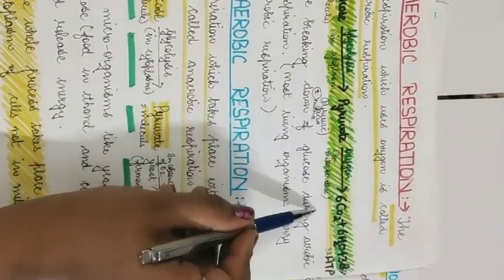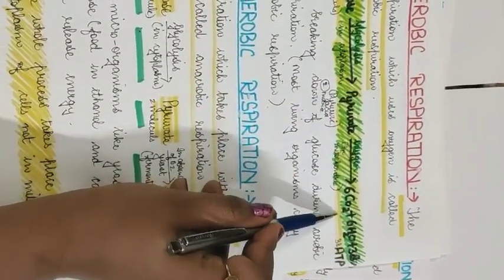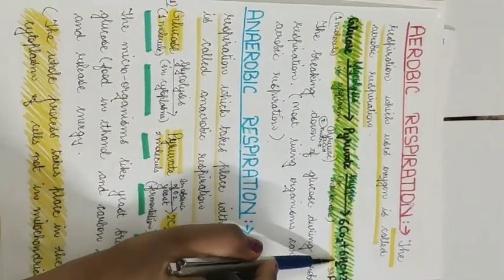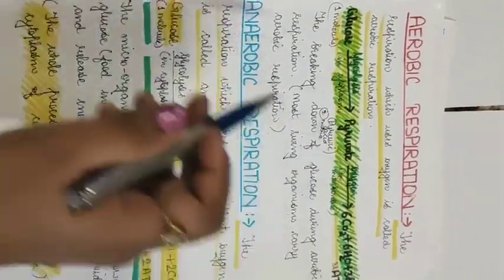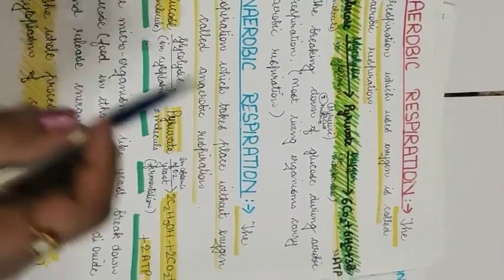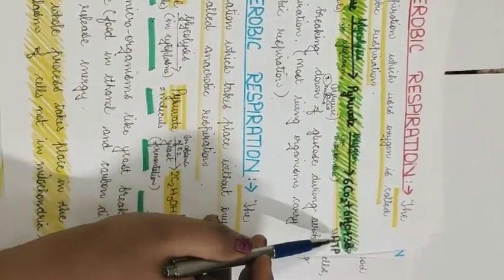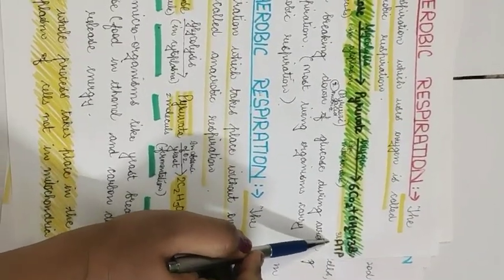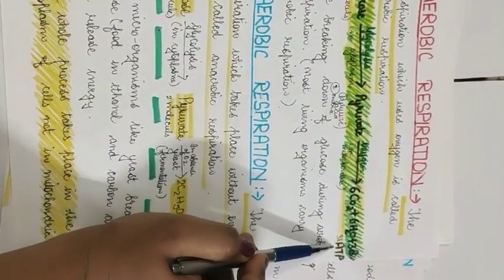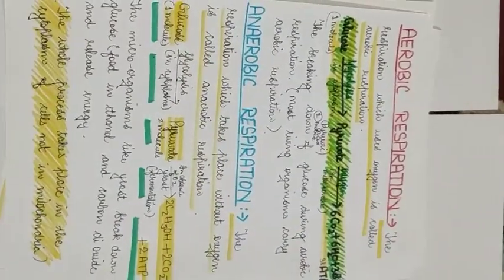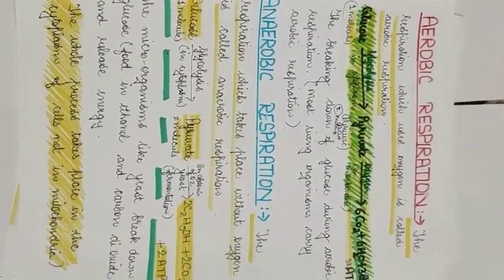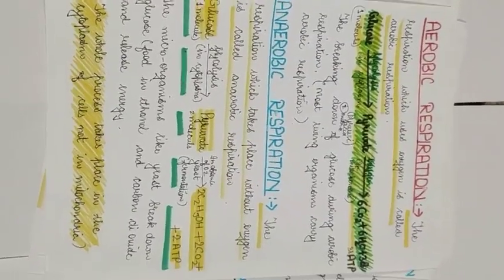But please remember this term, that is 6CO2, 6H2O, because this will be a balanced reaction. If it is C6H12O6, then it will be 6CO2, 6H2O and 38 ATP molecules will be formed. That means energy is very high. This breaking down of glucose during aerobic respiration is carried out by most of the living organisms.